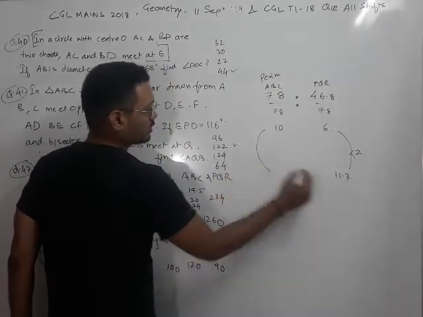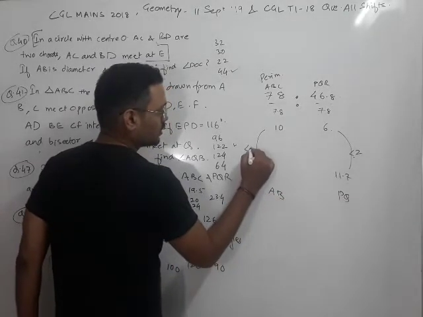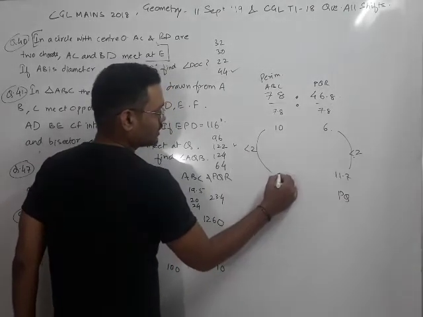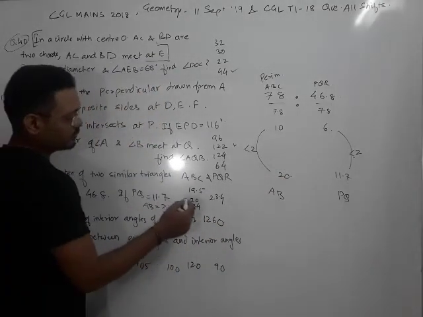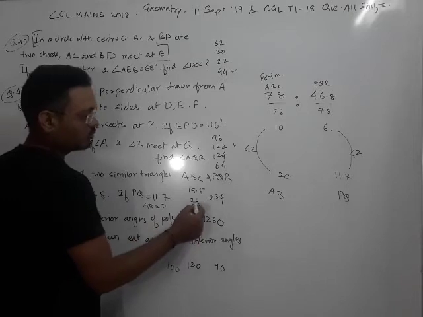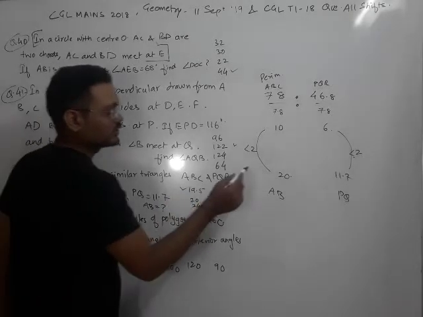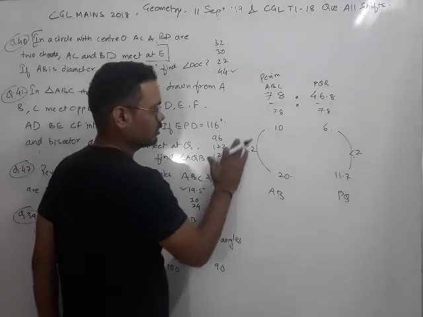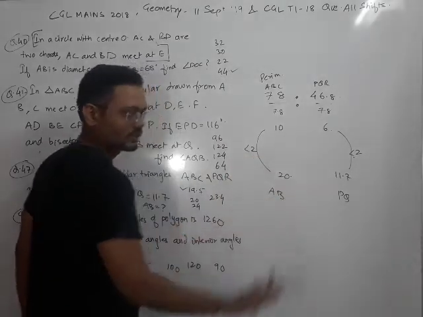So similarly, AB will be a multiple of 2, less than 2, which is 20. My options are all more than 20. Answer will be this. This is very simple maths or logic which we have applied, and we will get the answer in 10 seconds.